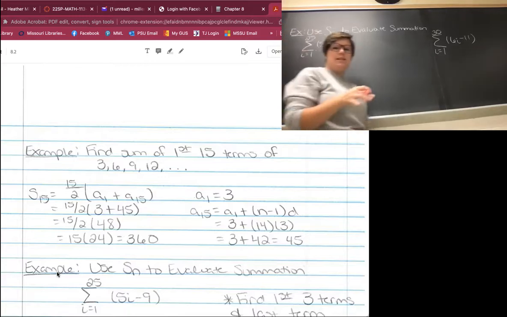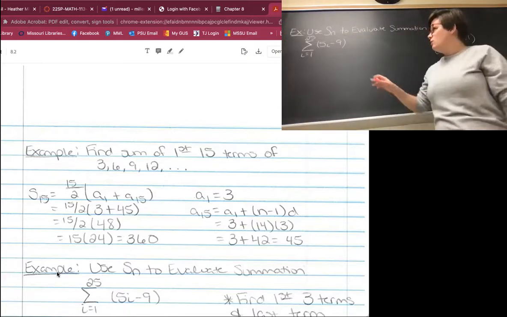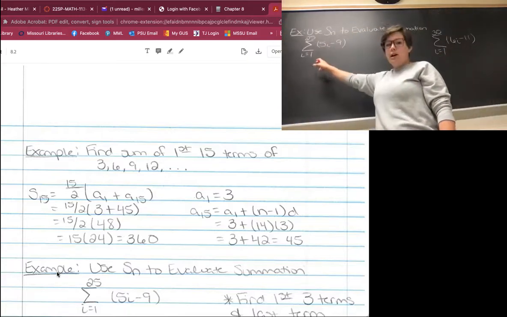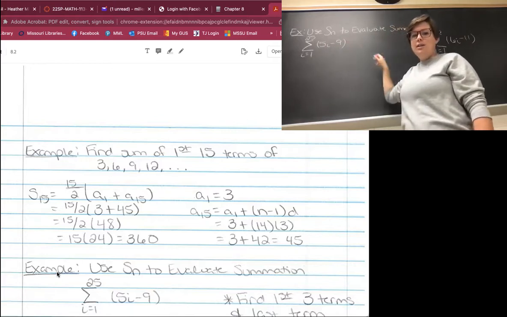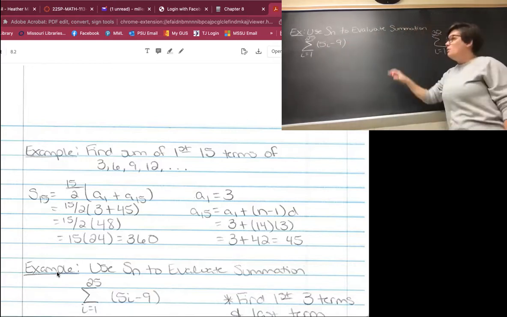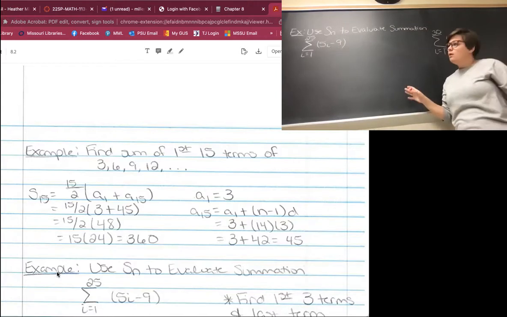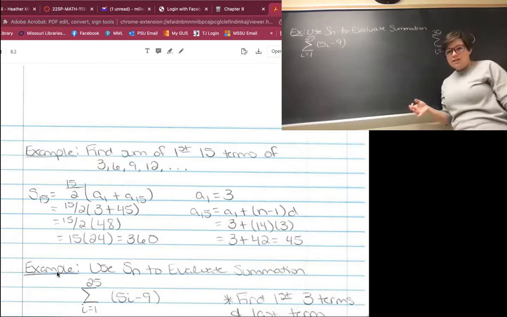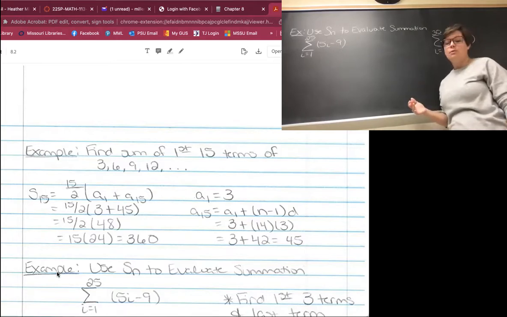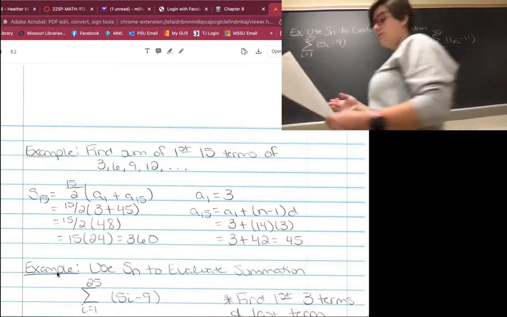The way that we did this in 8.1 is we find a of 1 and write it down, plus a of 2 and write it down, a of 3, a of 4, and we do that 25 times, which is a little bit tedious and a lot of stuff. So this new sum really is nice.